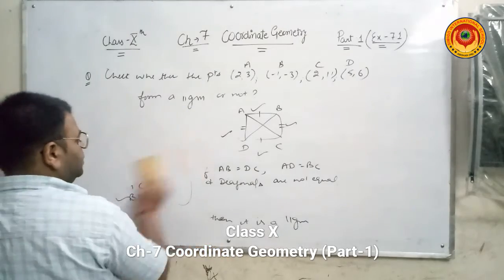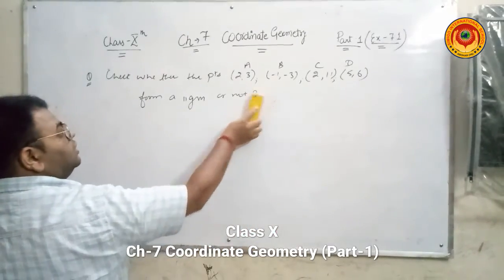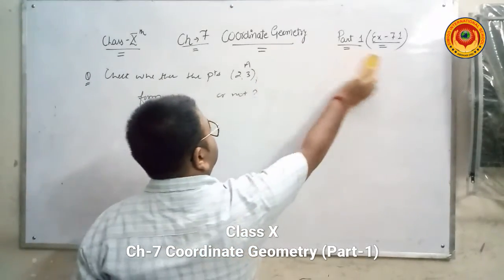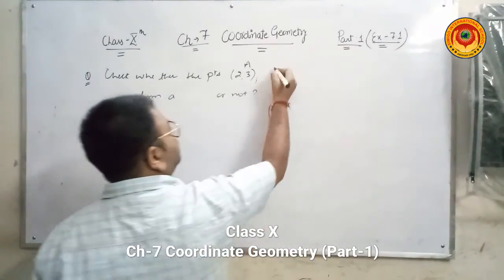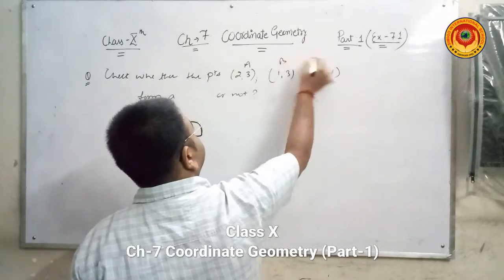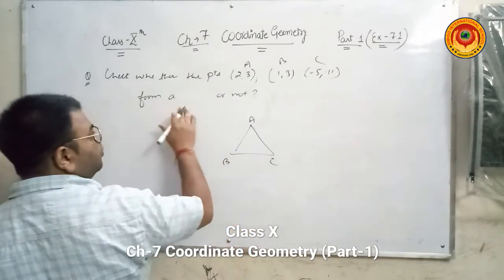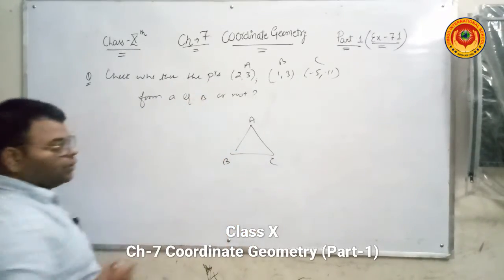Same if 3 points are there and the question is: check whether the points, again take them as A, B, C, form an equilateral triangle or not.